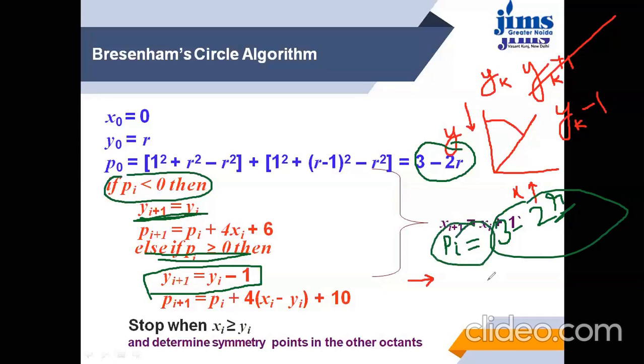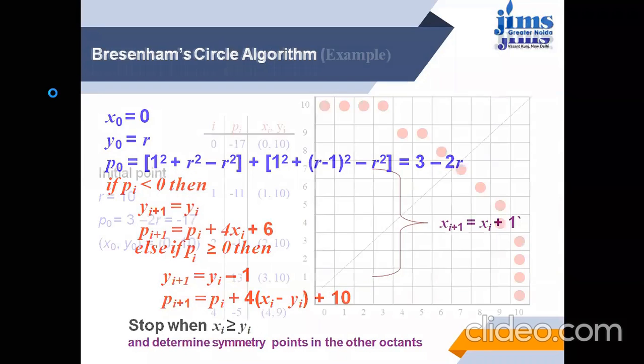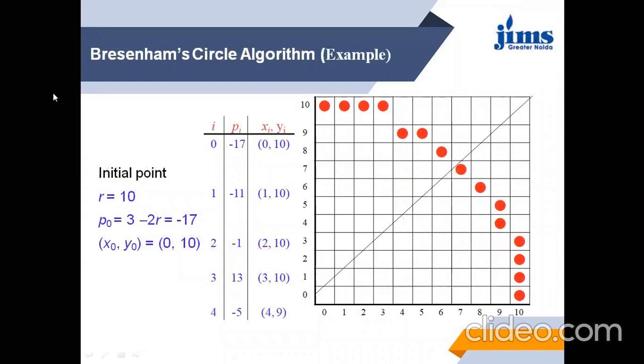If this value is negative, then we have to select yk. If this value is greater than or equals to 0, then we have to select yk minus 1. When we see an example, it will be more clear to us, so don't worry at this time if you are a little bit confused about it. Let us try to do this question.